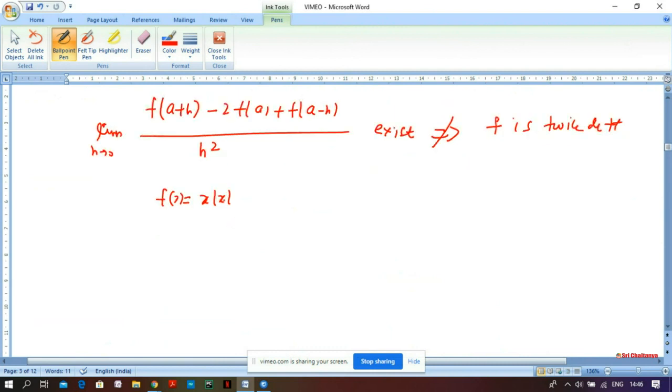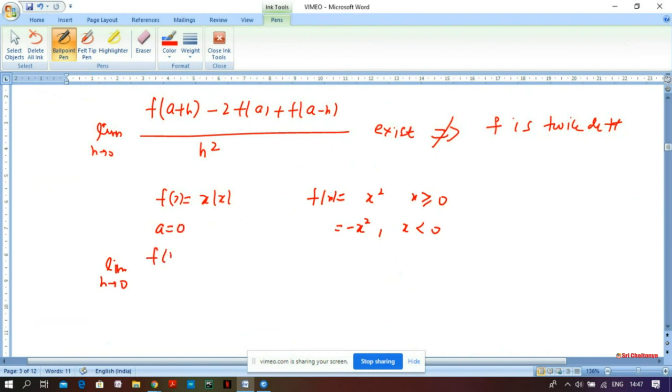As you know, this function is f of x equal to x squared for x greater than or equal to 0, and negative x squared for x less than 0. You will find that this f is differentiable at the origin because f prime 0 will become 0, but it is not twice differentiable. That we can show now. First calculate this limit. As h tends to 0, you take f as this, and a is 0.